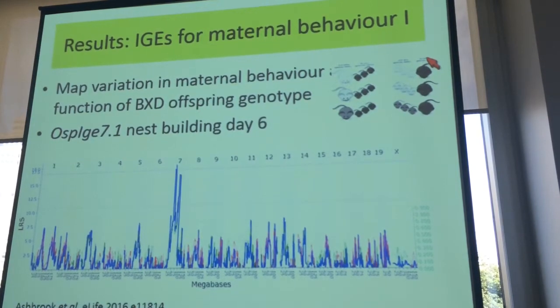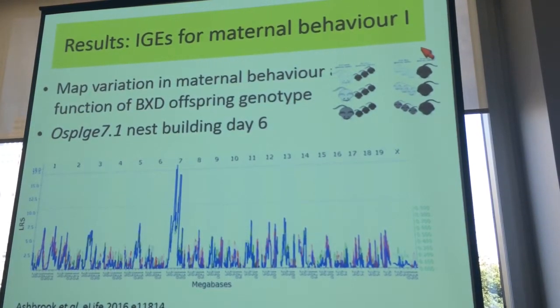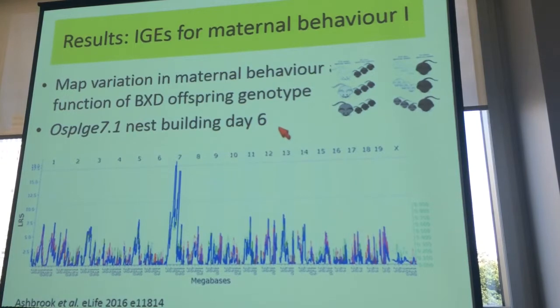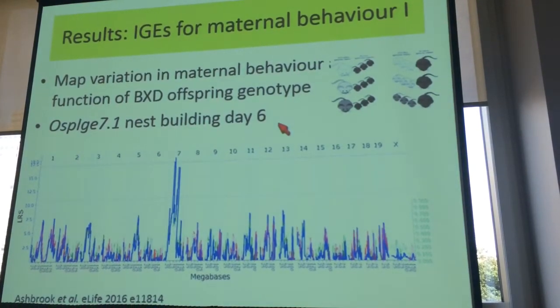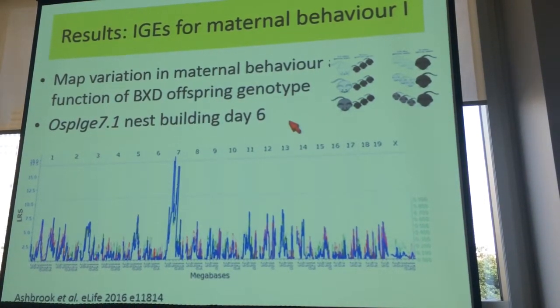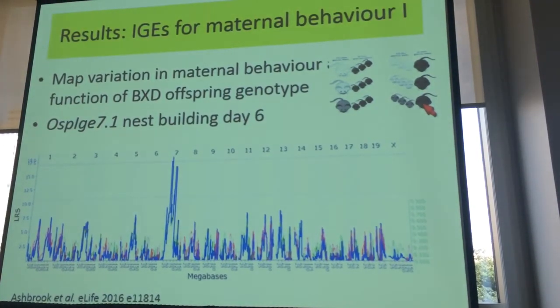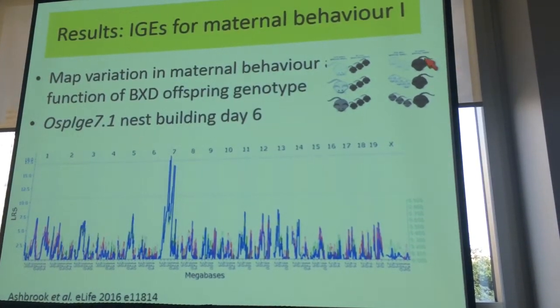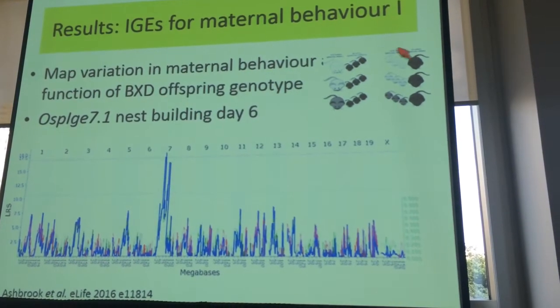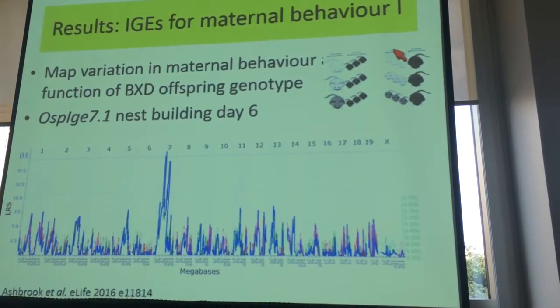Here we're looking at mapping variation in maternal nest building behavior on day 6 of the phenotype, and on 3 days during lactation. We scored nest building behavior in these mothers here, and then we're mapping variation in nest building behavior as a function of their adoptive offspring.